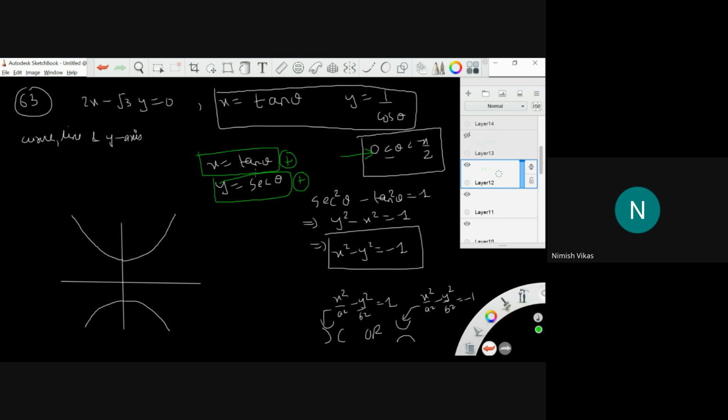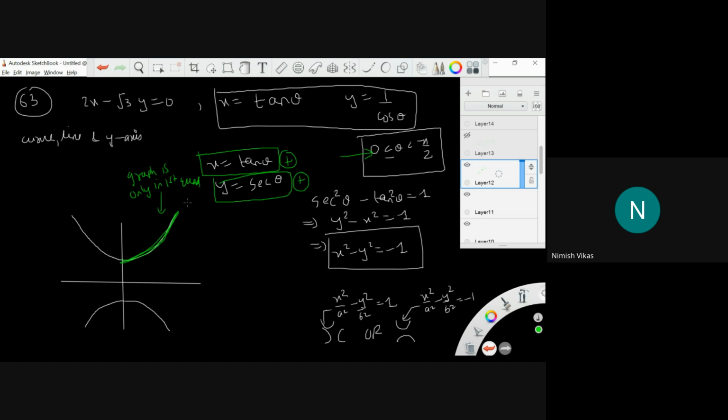So x and y both are positive. So the graph will be only in the first quadrant. This is the graph. So the graph is only in the first quadrant. This you have to take care of.